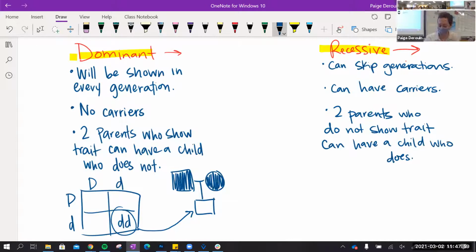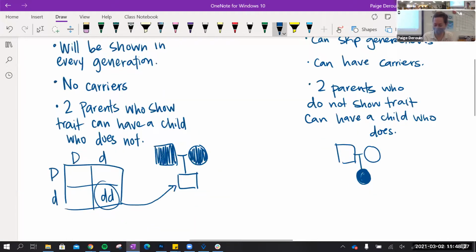And what that will look like is you'll have your dad and your mom who will not be shaded in because they do not show the trait. And they will have a child who is shaded in. And it will look like that trait just materialized out of nowhere. But did it? No, because the parents were actually carriers. Yeah, they were carriers.